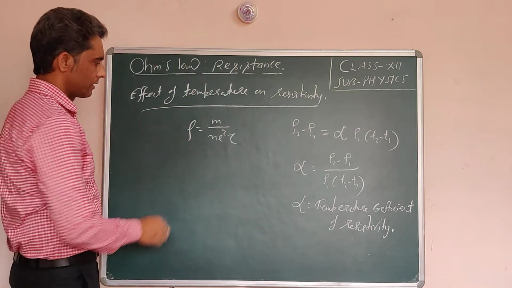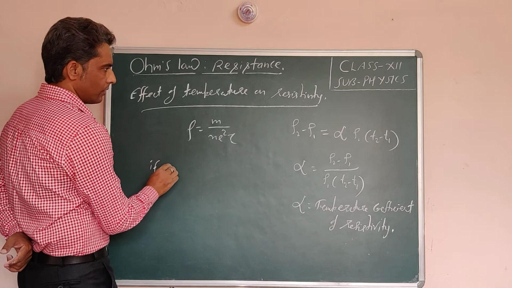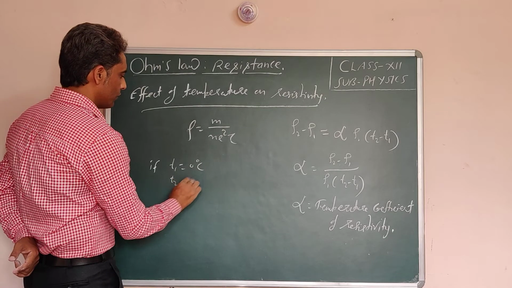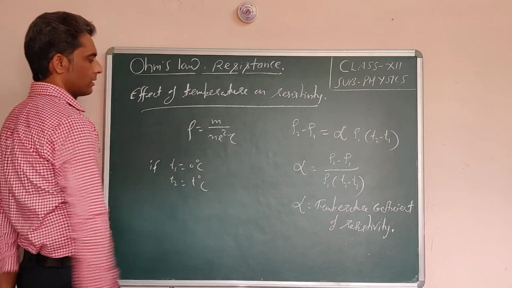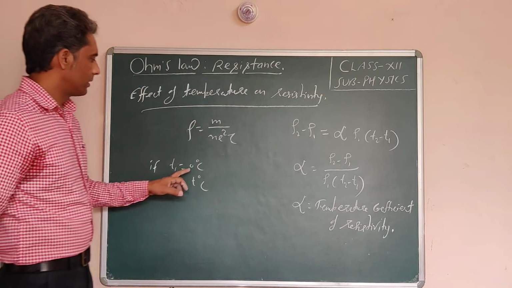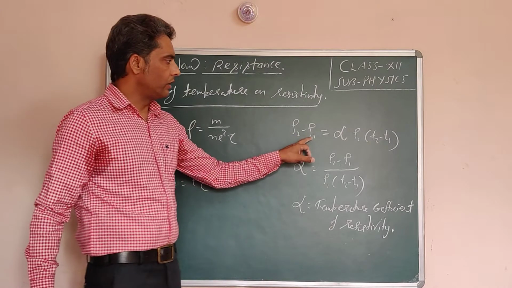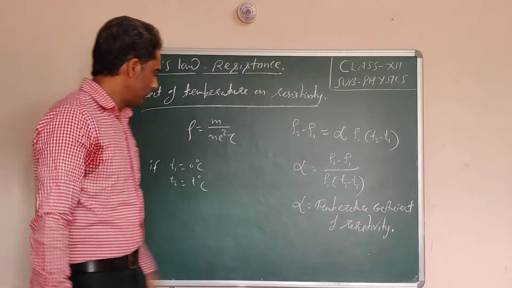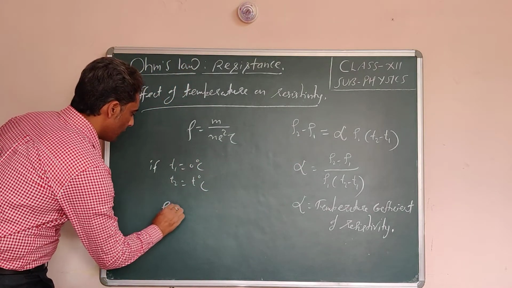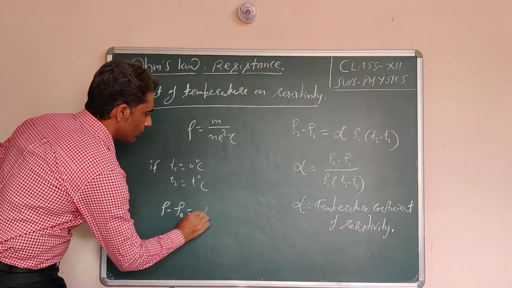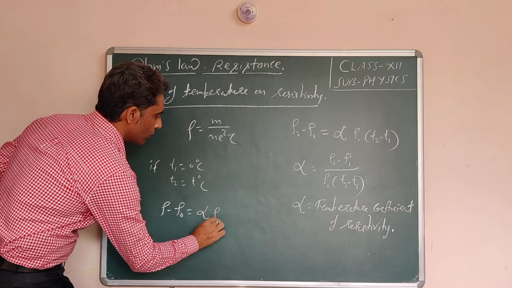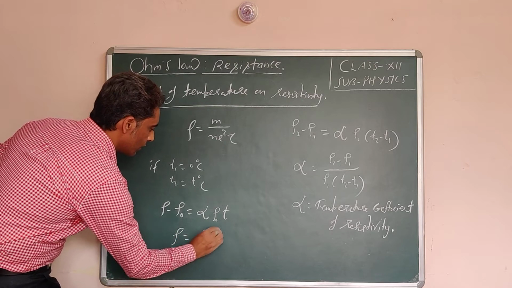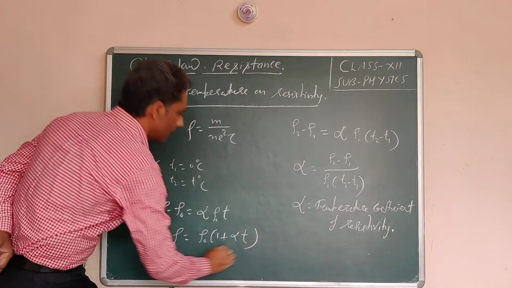We can also write it as, if T1 is equal to 0 degree Celsius, T2 is equal to T degree Celsius, and if at 0 the resistivity is ρ0 and at temperature T it is ρ, then ρ minus ρ0 is equal to alpha ρ0 T, or ρ is equal to ρ0 into (1 plus alpha T).